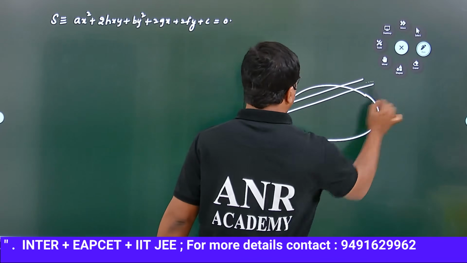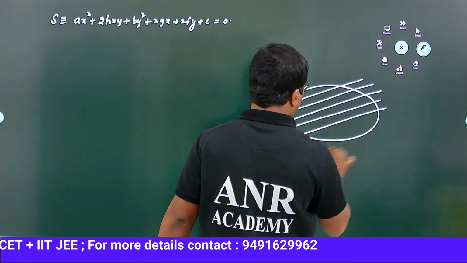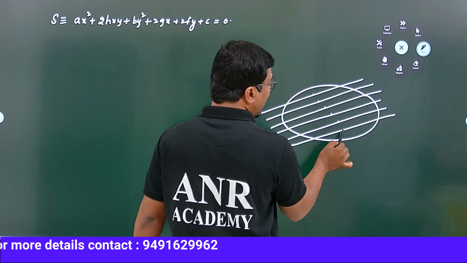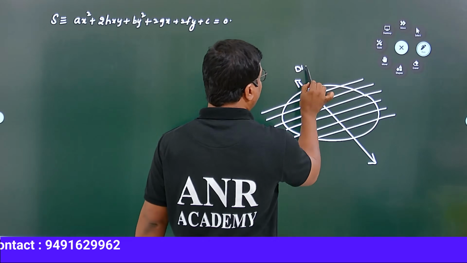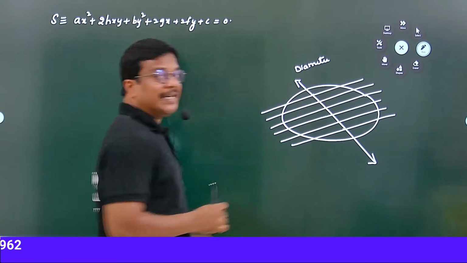and now we know that diameter is the path of middle points of parallel curves, right? Now my aim is to find a diameter. Remember, now I am going to find the equation of diameter.